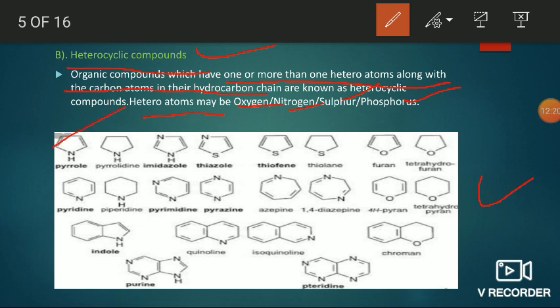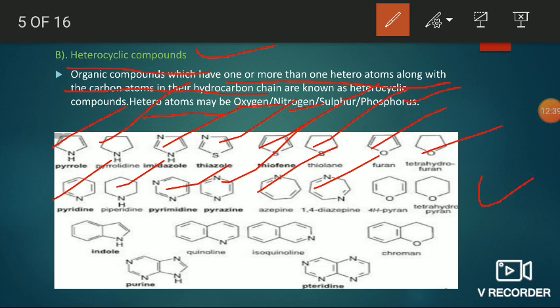The first one is pyrrole, then pyrrolidine, imidazole, thiazole, thiophene, thiolane, furan, tetrahydrofuran, pyridine, piperidine, pyrimidine, pyrazine, azepine, 1,4-diazepine, 4H-pyran, tetrahydropyran, indole, quinoline, isoquinoline, chroman, purine, pteridine. These are examples for heterocyclic compounds. Okay, fine.